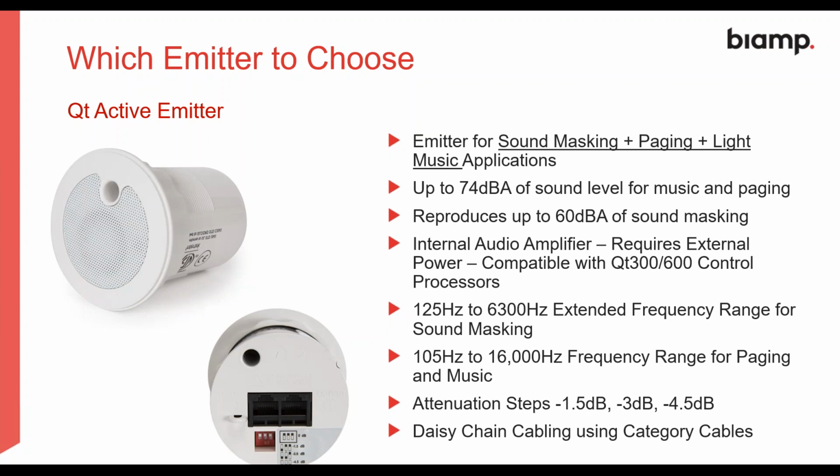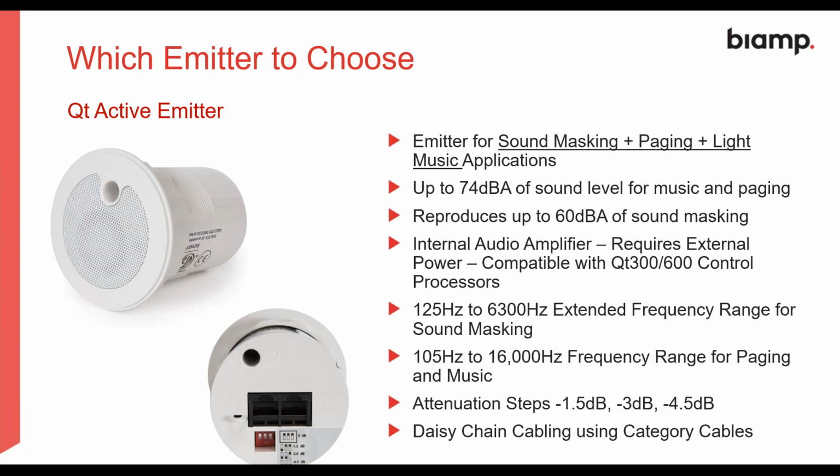And it is slightly louder. It's about 10 dB louder than the standard emitter. So with this emitter, we can play paging and background music as well as sound masking, although it is useful for sound masking only applications as well.